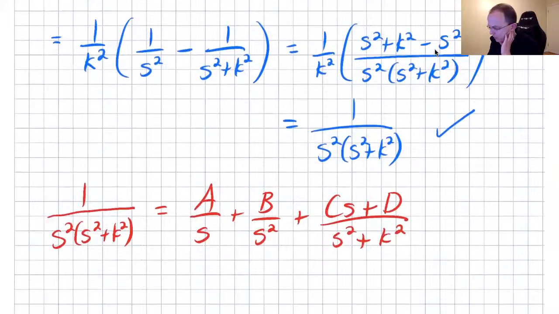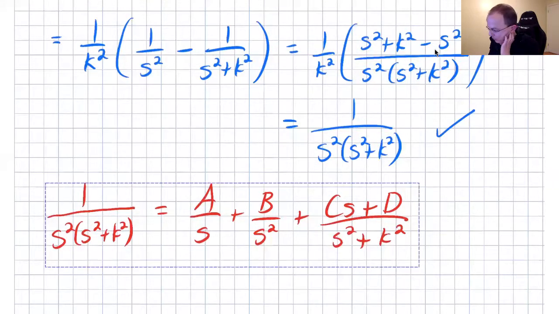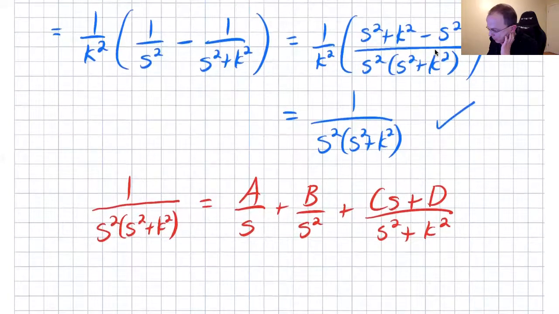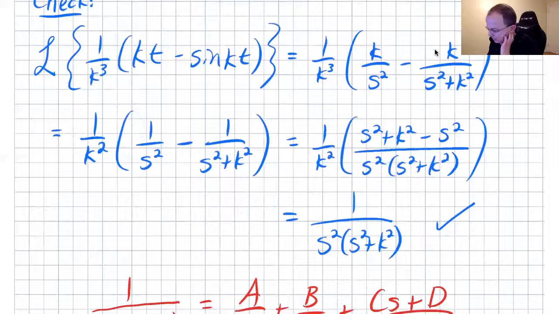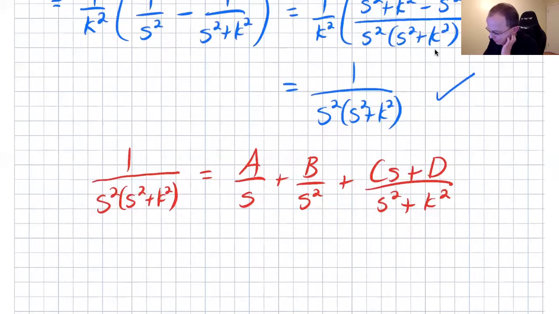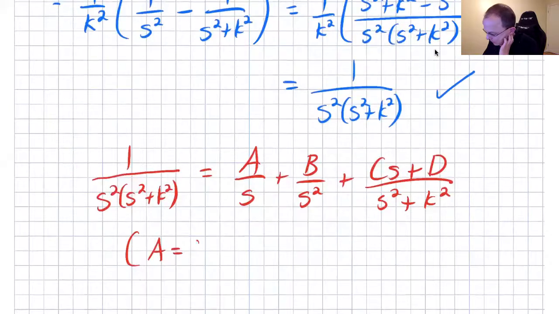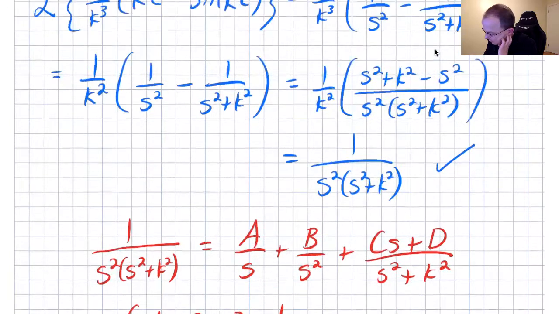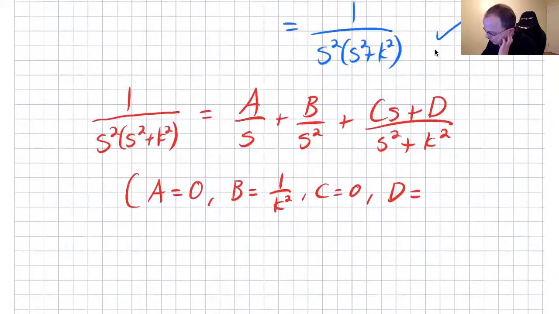And that probably would have been a lot easier, I would think. So I think doing it with partial fractions would have been a lot easier. So let's just write that down. So we would get A equals 0, B is 1 over k squared, C is 0, and D is minus 1 over k squared.